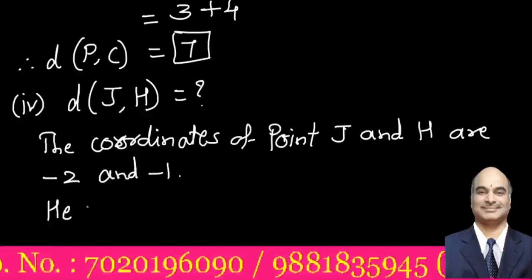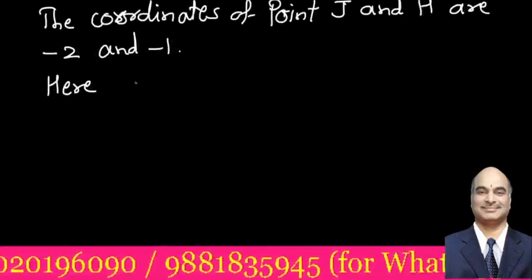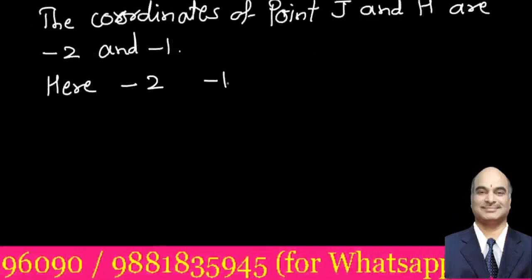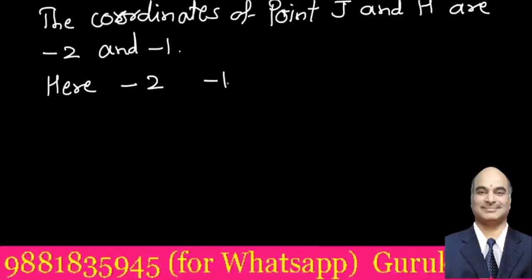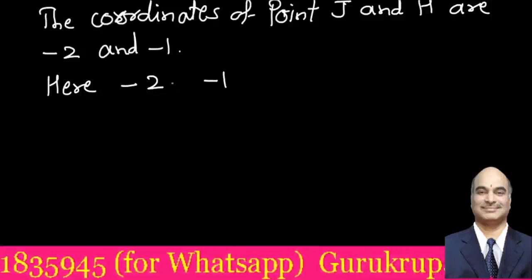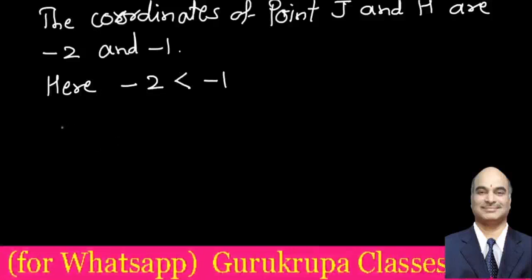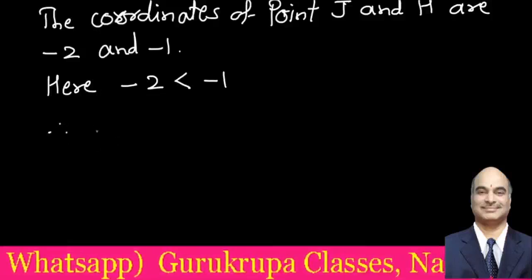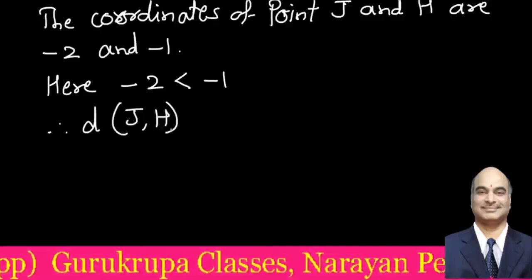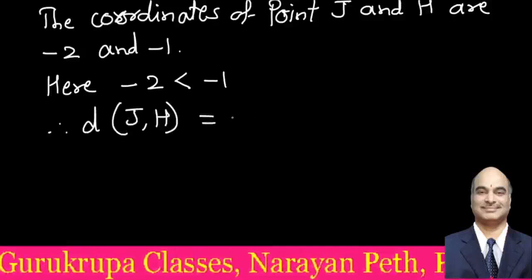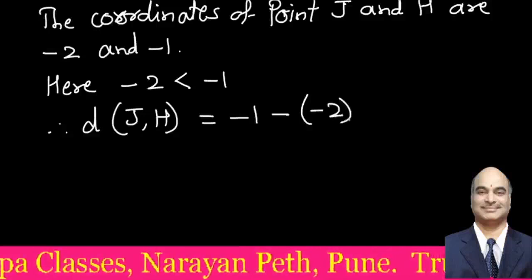Now here, if you take the points, we can compare them, -2 and -1. If you put both numbers on the number line, -1 is on the right side and -2 on the left side. The left side number is smaller. So we find the distance between points J and H as greater number -1 minus smaller number -2.